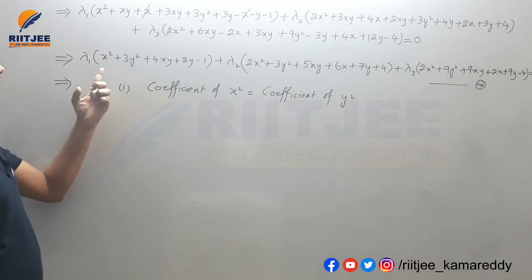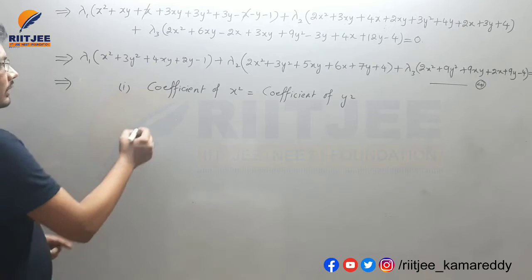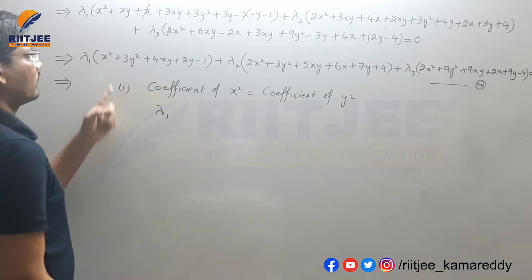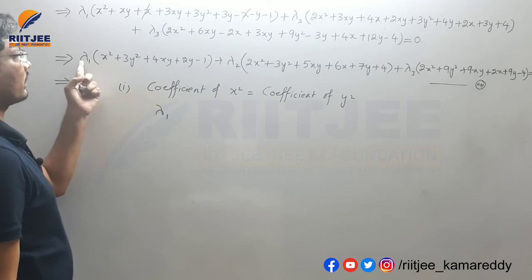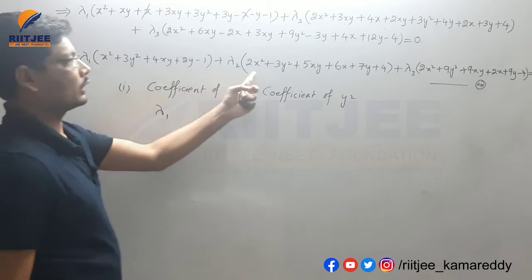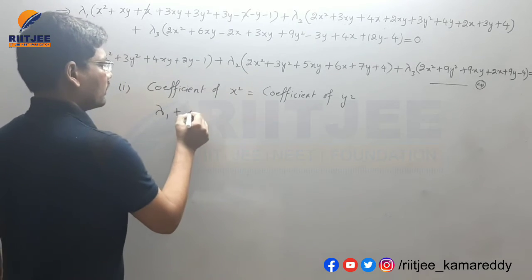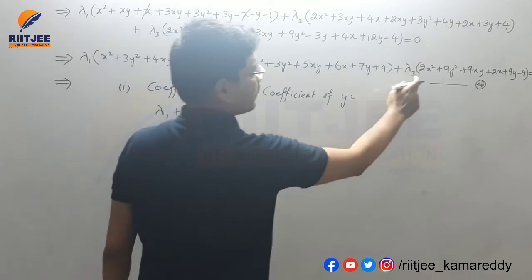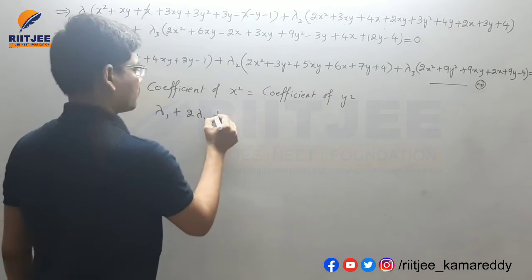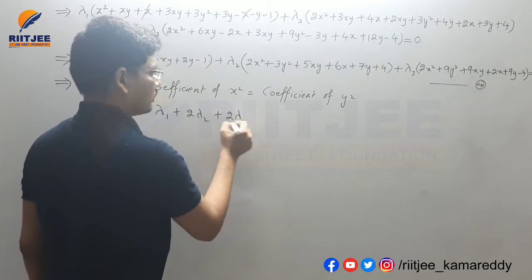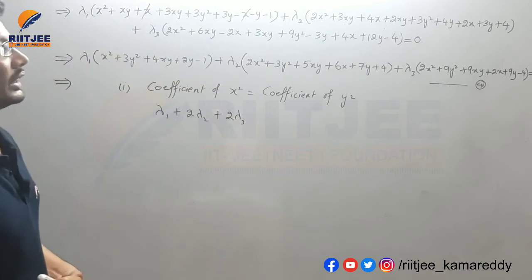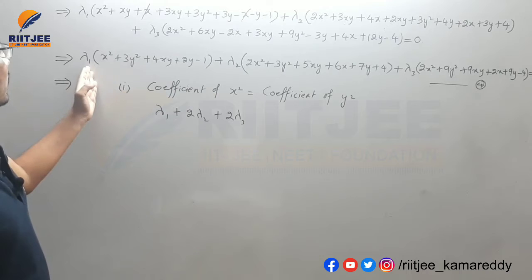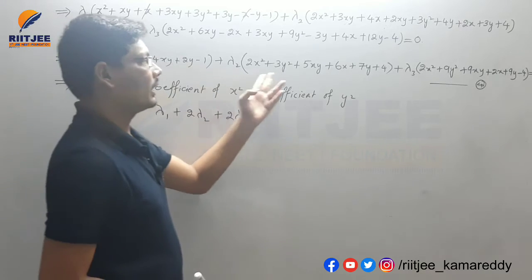The coefficients of x square are here: x square is multiplied with lambda 1, and 2 lambda 2, and 2 lambda 3. Here lambda 1, 2 lambda 2, and 2 lambda 3.